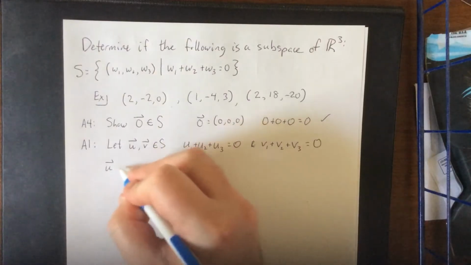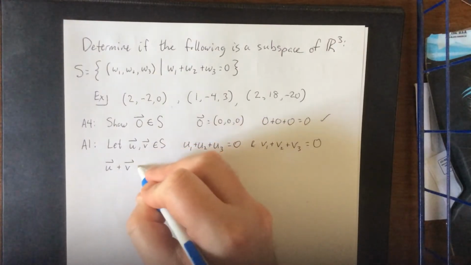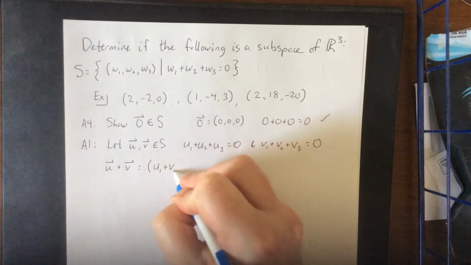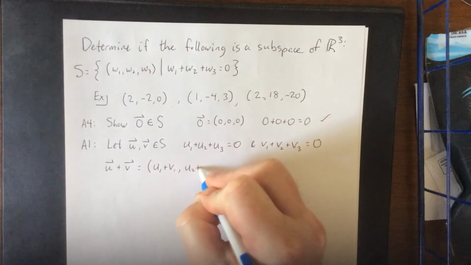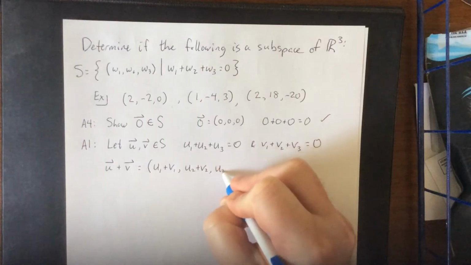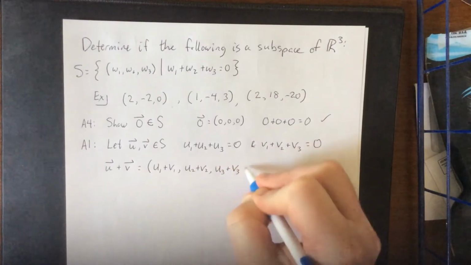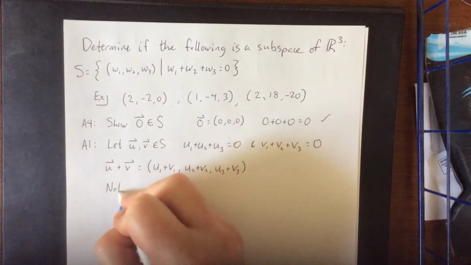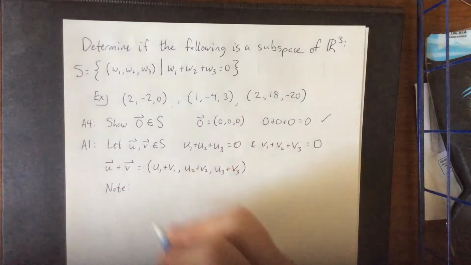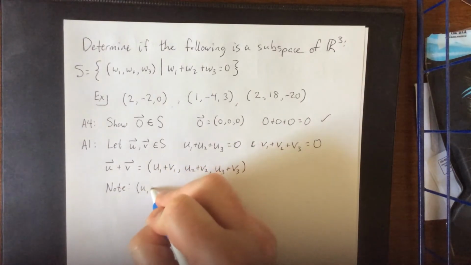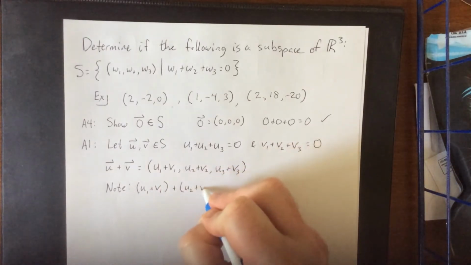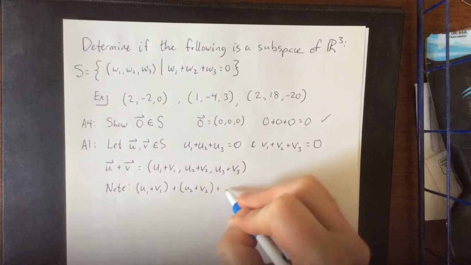So vector U plus vector V would be equal to the vector U1 plus V1, U2 plus V2, and U3 plus V3. Then, similar to what we did a moment ago, we'll take the sum of the three components, U1 plus V1, plus U2 plus V2, plus U3 plus V3.